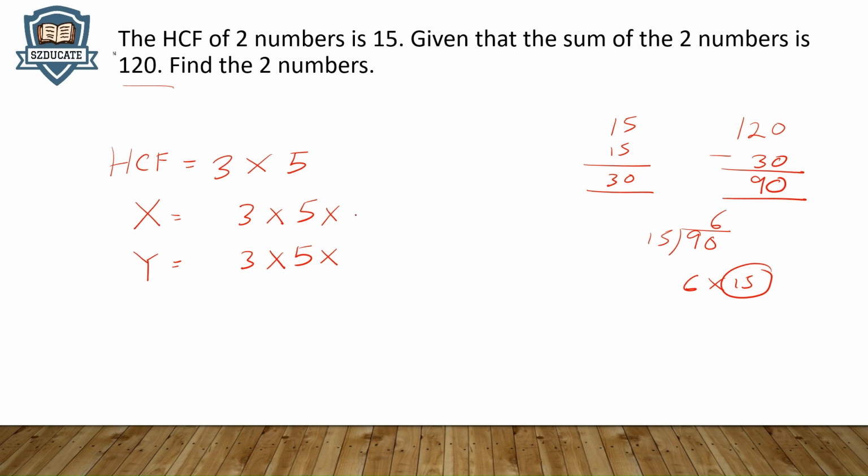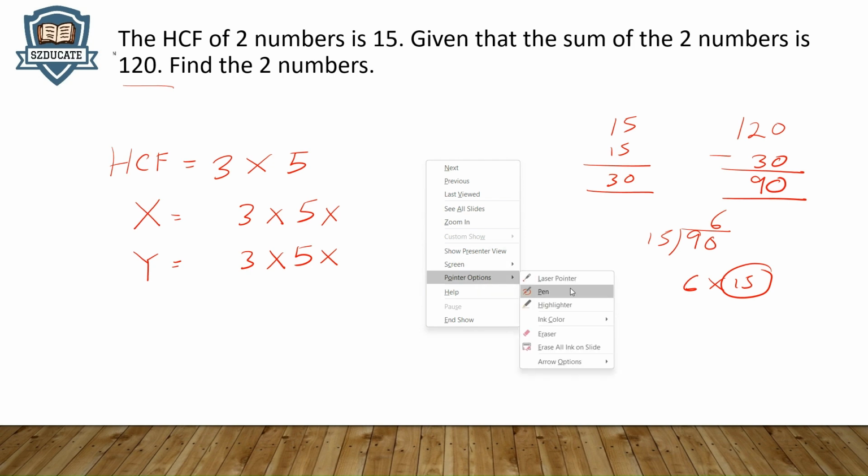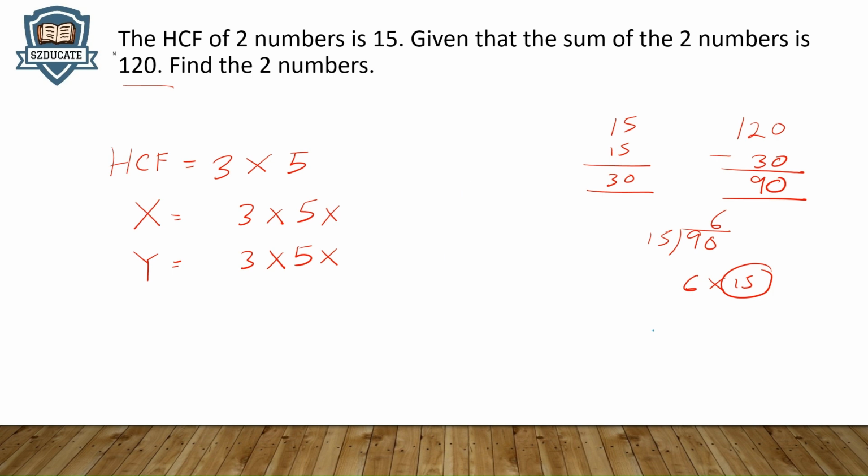If I times 2, okay, I'm just going to use a different color, to show that this is a try. This one is like pencil. Now, if I add a 2 here, that means I'm allocating one 15 to X. That means I still have to allocate 5 more because the total is 6, right?